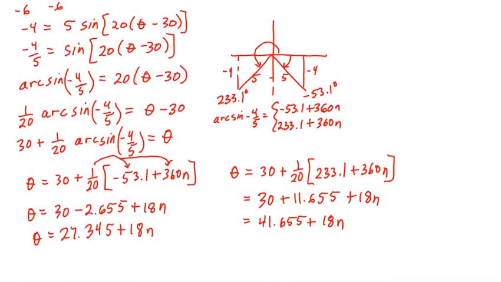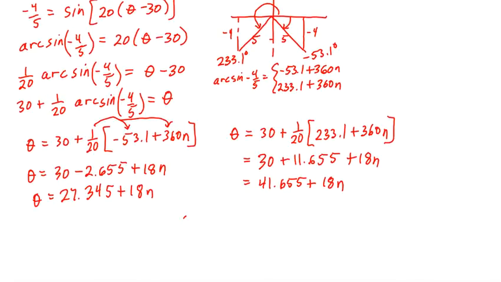So here's the general solution for theta. Theta is equal to 27.345 plus 18n and 41.655 plus 18n.